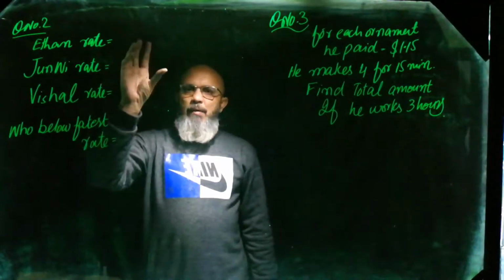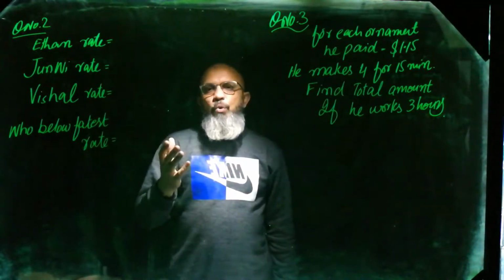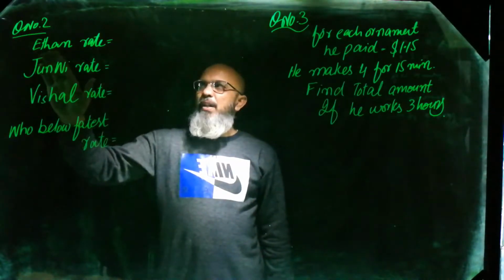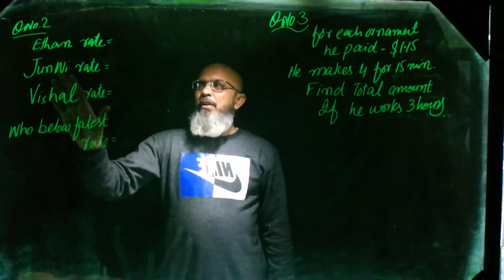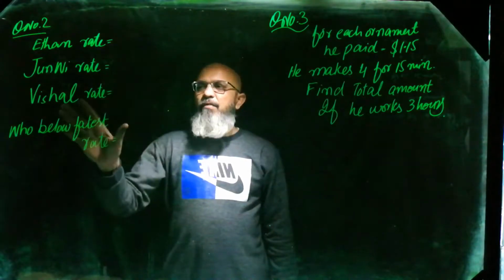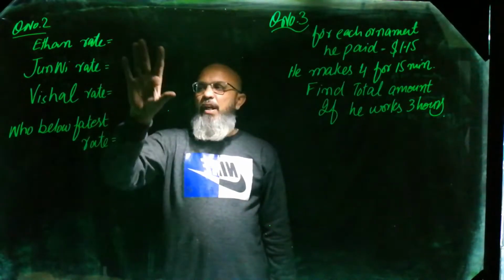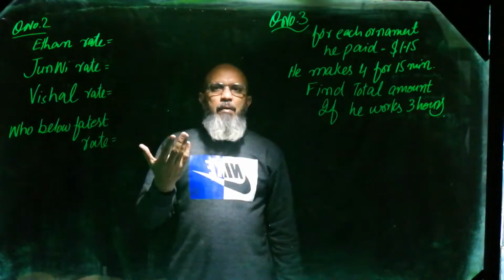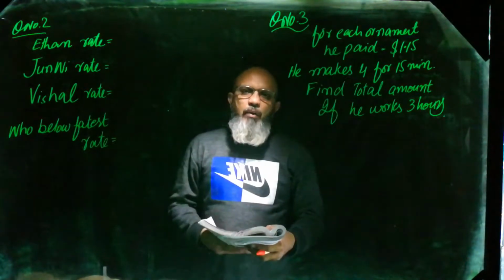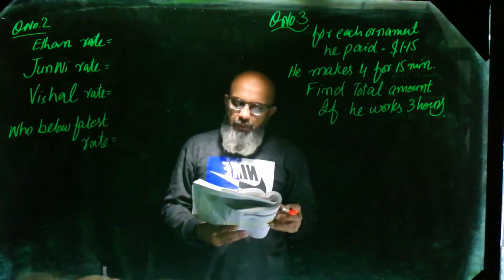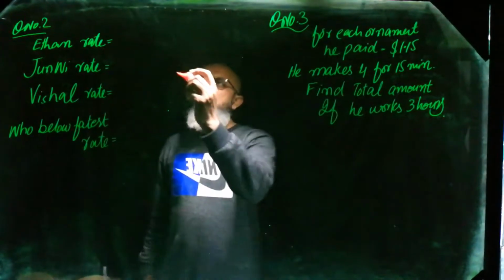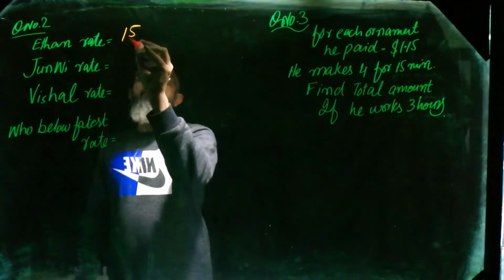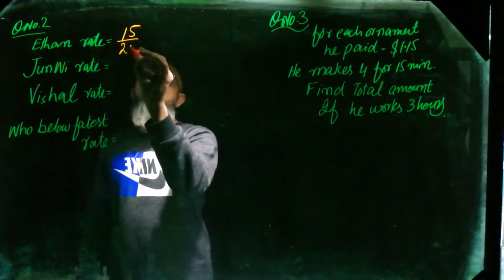The number of balloons and the number of minutes are given to you. First we have to find Ethan's rate per minute, John's rate per minute, and Vishal's rate per minute. Then we will see who has the fastest blowing rate. Looking at the question, Ethan blows 15 balloons in 20 minutes, so we divide 15 by 20.